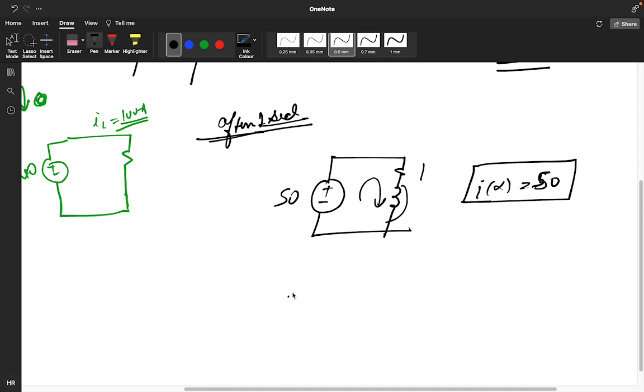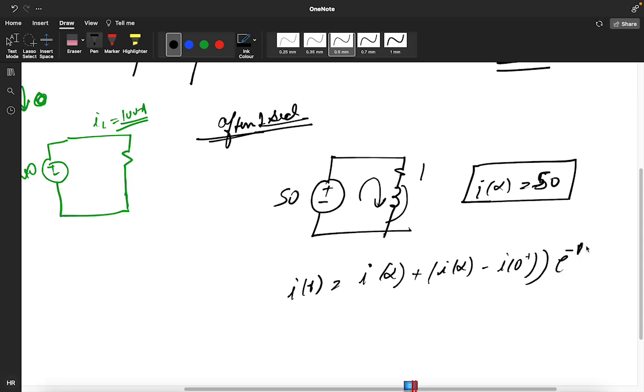So my I of t equation will be what? It will be I of infinite plus (I of 0 plus minus I of infinite) e power minus RT by L, or you can write it in my way, I of infinite plus (I of infinite minus I of 0 minus or 0 plus, whatever you want to write) e power minus RT by L. So this was the case for the first equation.